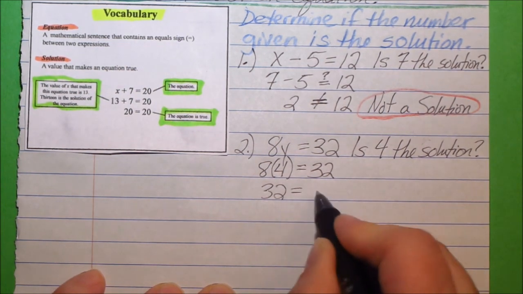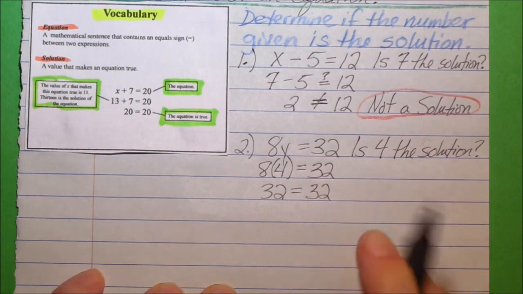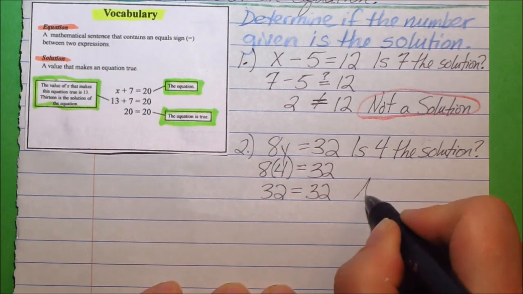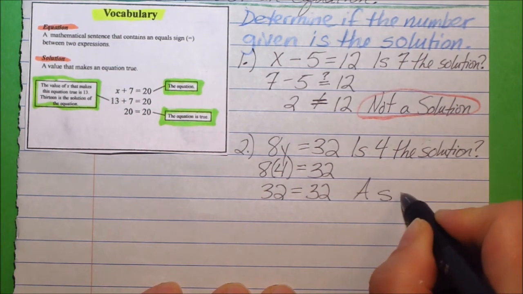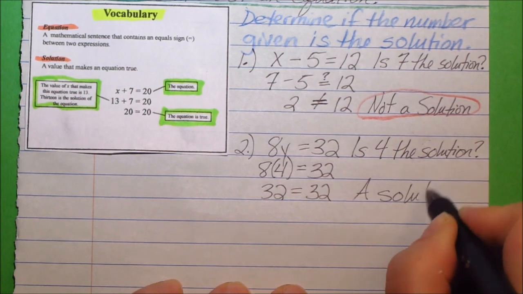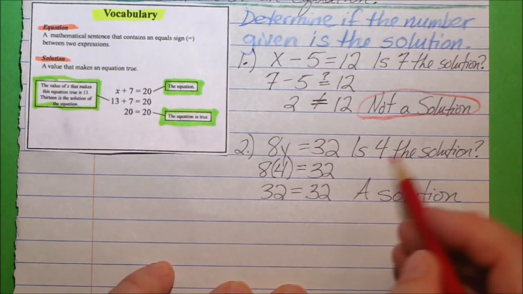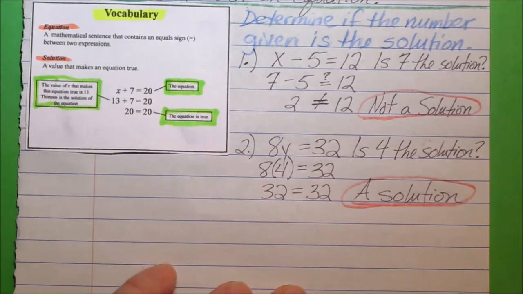Keep the equal signs lined up and bring down the expression on the other side of the equal sign. 32 equals 32. Yes, 32 does equal 32. So 4 is a solution. It is true. You can write is a solution or yes, it is a solution. All right, answer in the affirmative.